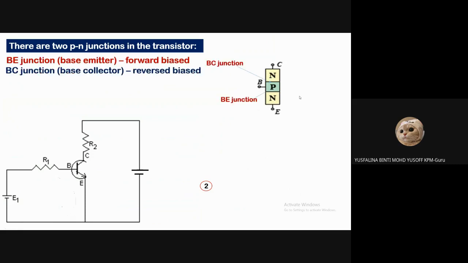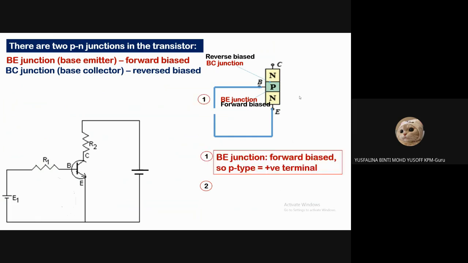Okay. So remember we discussed the junction yesterday, right? The PN junction, the voltage junction. So there are two PN junctions, because in a diode they only have one. P and N combine, so they got only one junction.